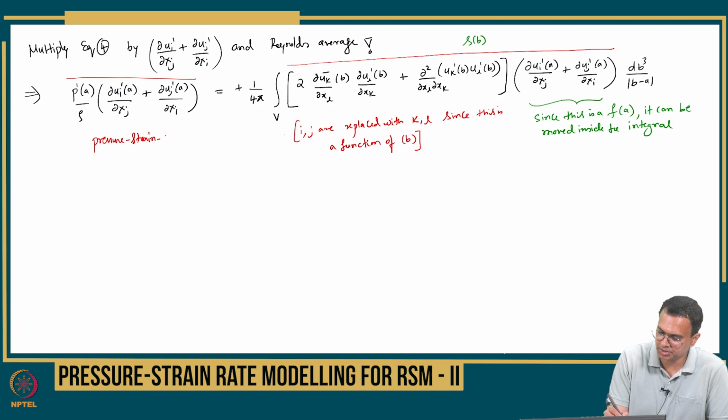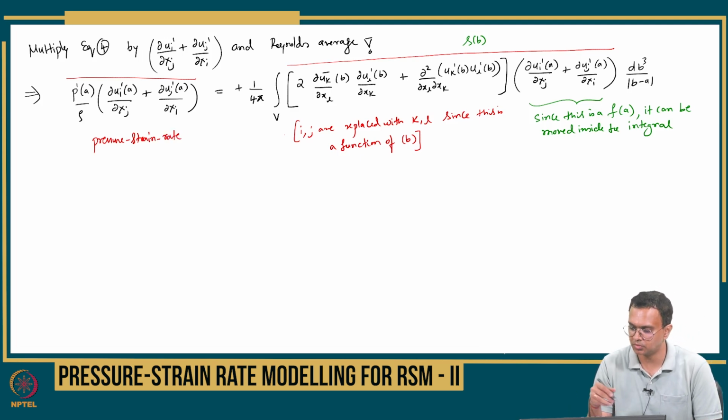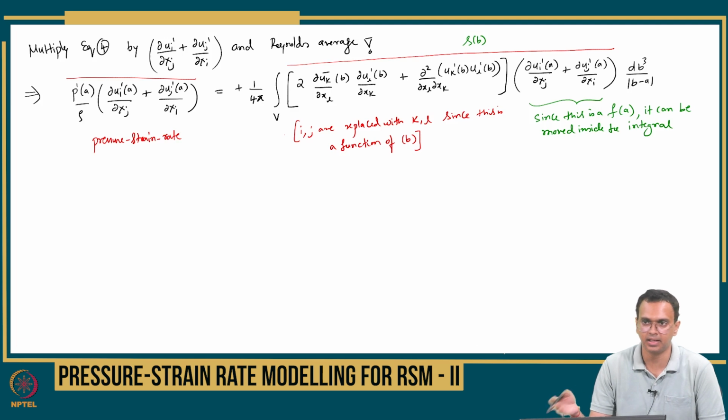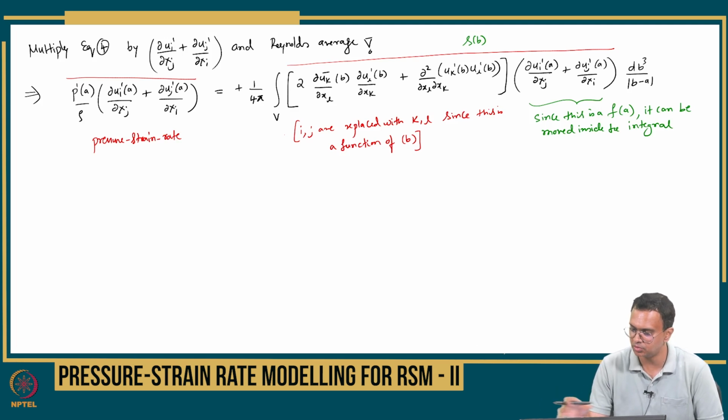So now for the pressure strain rate, at least I know what it will depend on on the right hand side if I want a solution for that one. I can split this again into the two parts, the rapid and the slow parts.